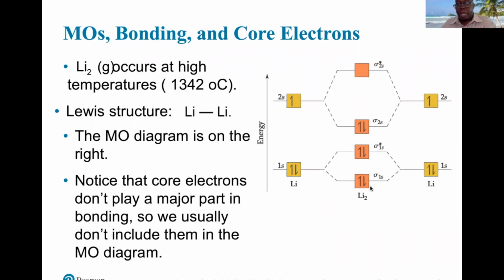If you are to write the electron configuration for Li2, it is sigma 1s2, sigma star 1s2, and then sigma 2s2, because we have 2 electrons, and so forth. That's how you will write the electron configuration for that.